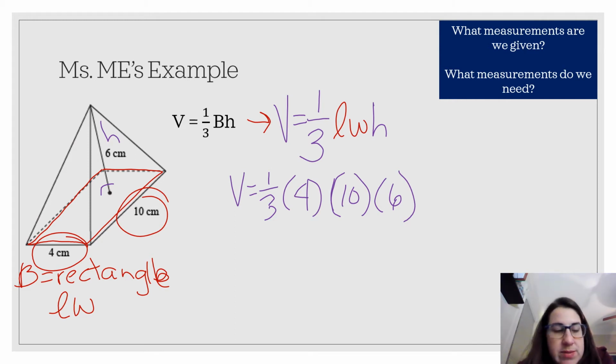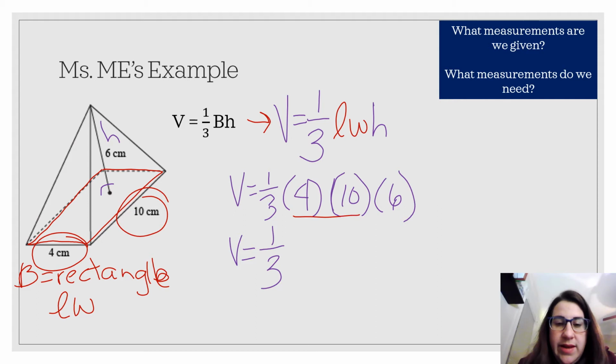So let's go ahead and multiply these. What I love about multiplication is that we can do them in any order we want. So in fact, I'm going to leave my fraction for last. And I'm going to do what I know. I know that 4 times 10 gives me 40. And now I need to multiply that by 6.